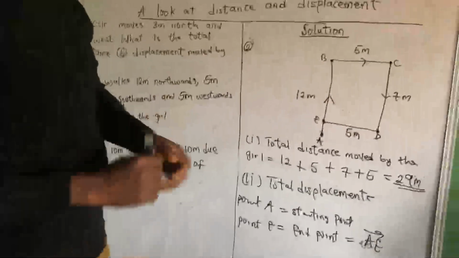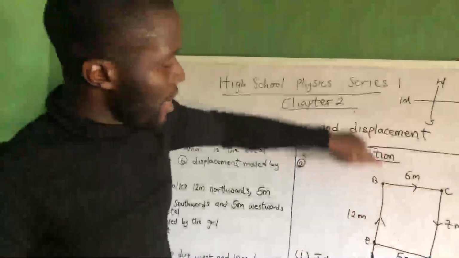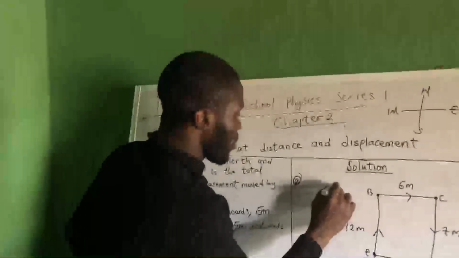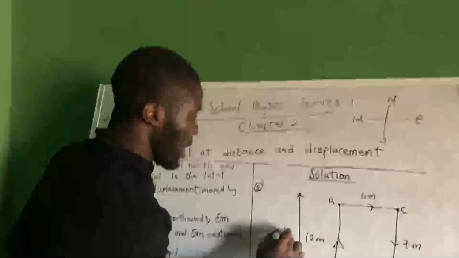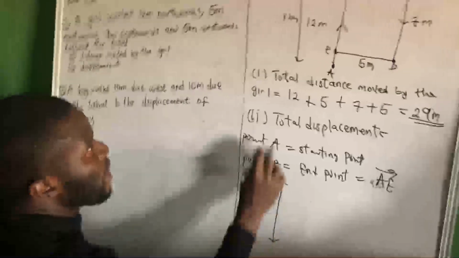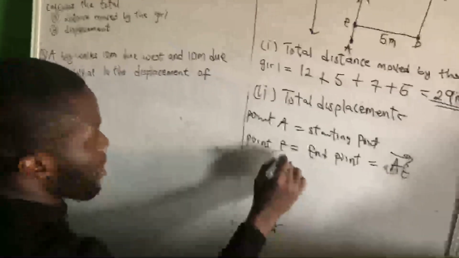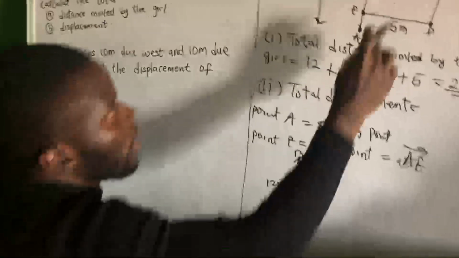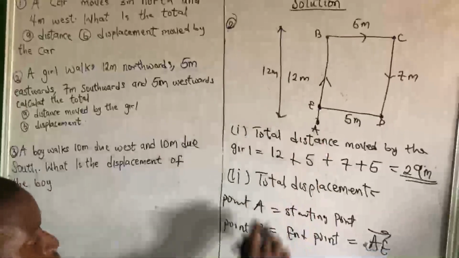Now, what do you think AE will be? Since the whole length of this side is 12 meters, from here to here is this 12 meters. That is AB. AB is 12 meters. And from here to here is 7 meters.